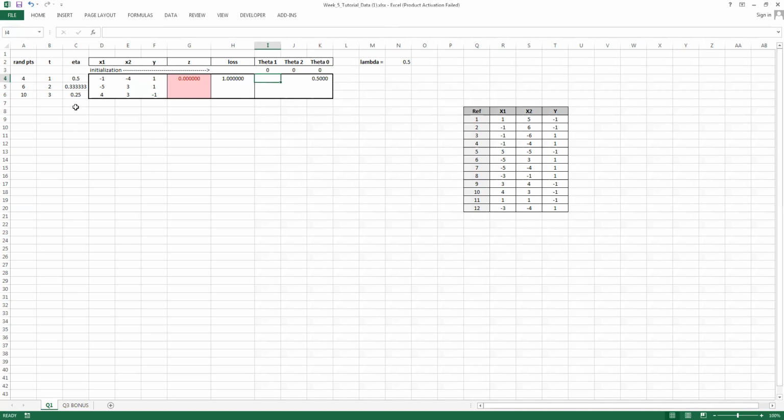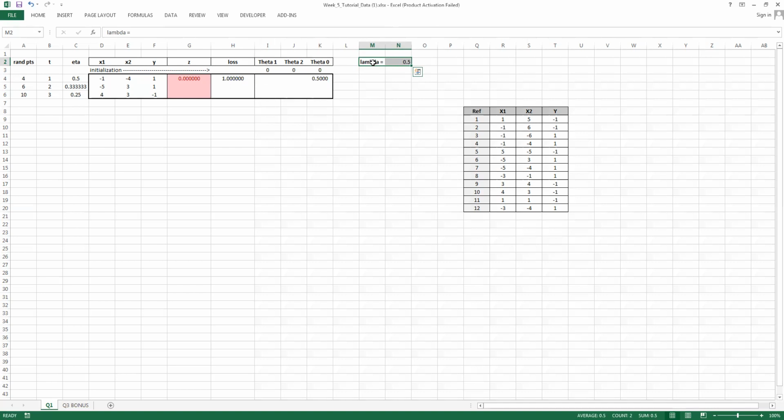Because they have to deal with not just the loss, but also the regularization. And the regularization is going to depend on this lambda value here. This lambda value is the regularization parameter, and its job is to say how important is regularization relative to loss.